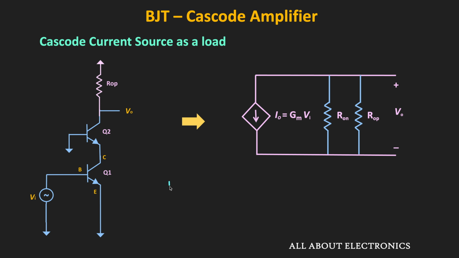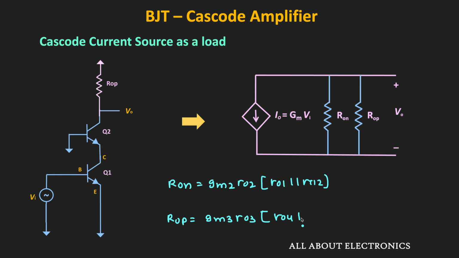So we know that this RON is equal to gm2 times R02 times this R01 parallel r pi 2, and this ROP is equal to gm3 times R03 times R04 in parallel with r pi 3.